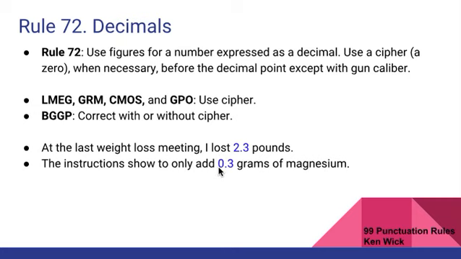This is one of the common things I see in my work, people don't put this 0, called the cipher, and you're supposed to write it with a decimal. So it's 0.3, not .3 grams. The reason you put in the 0 here is so people don't miss the period and may read it as 3.